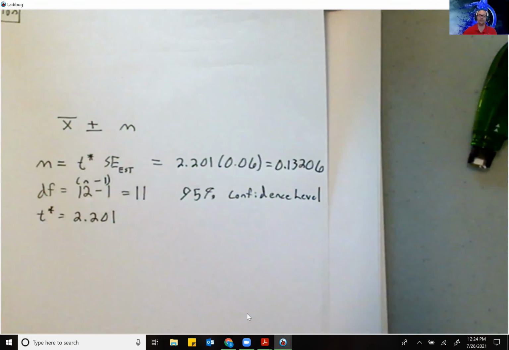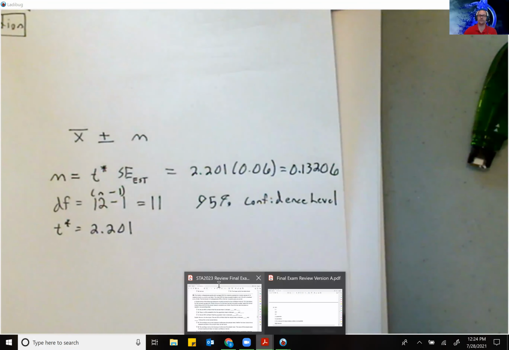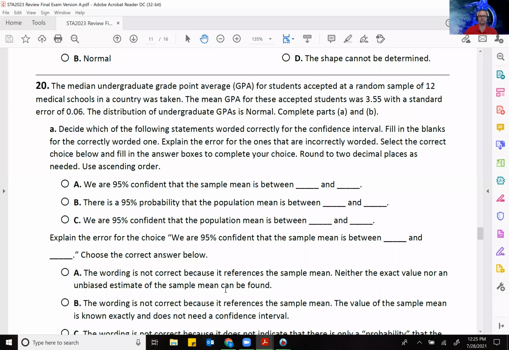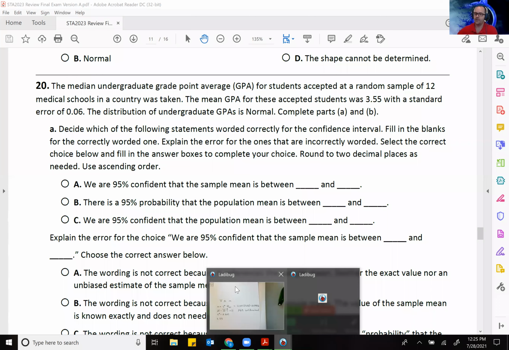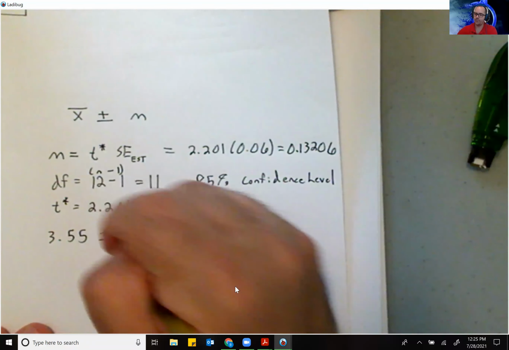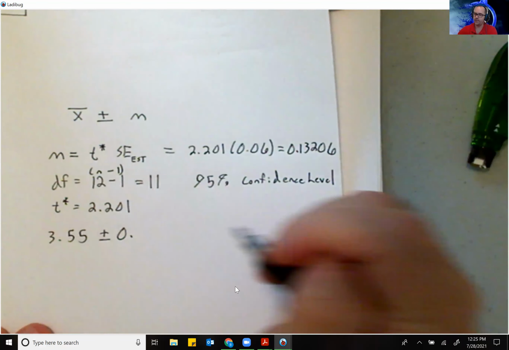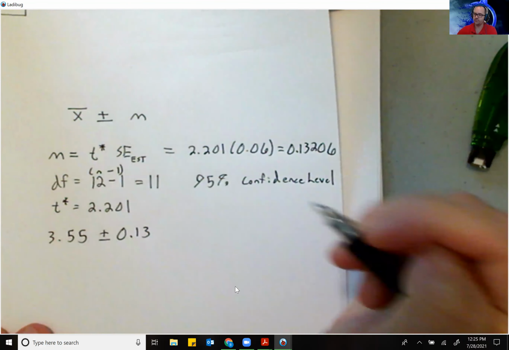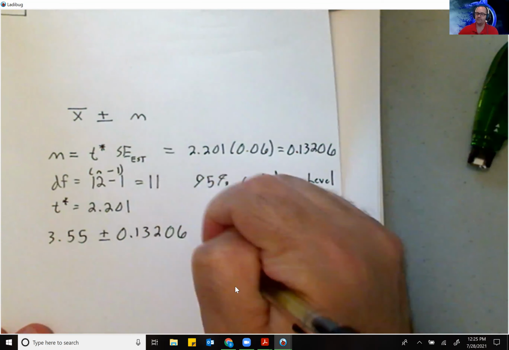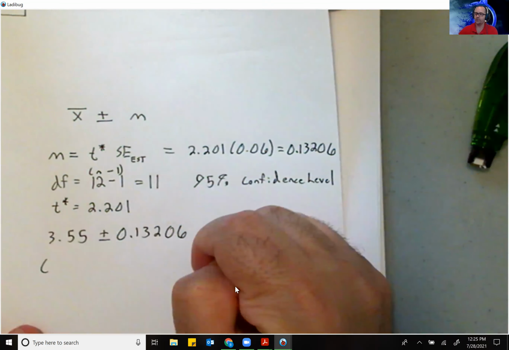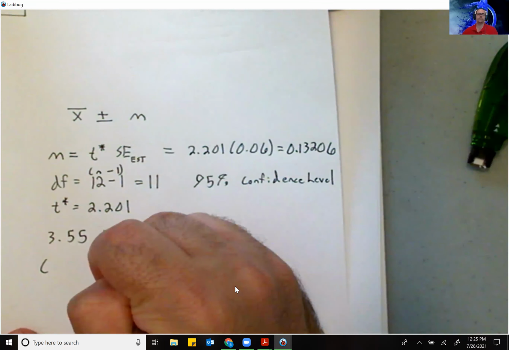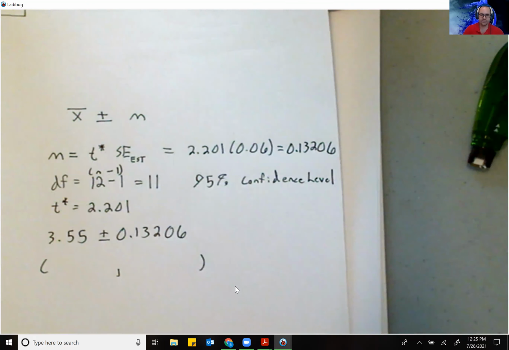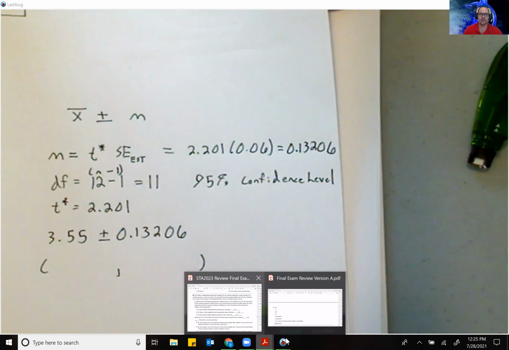So we're going to take our mean of 3.55 and add or subtract 0.13206, and that will give us our lower and upper bounds. Our directions said to round to 2 decimal places.